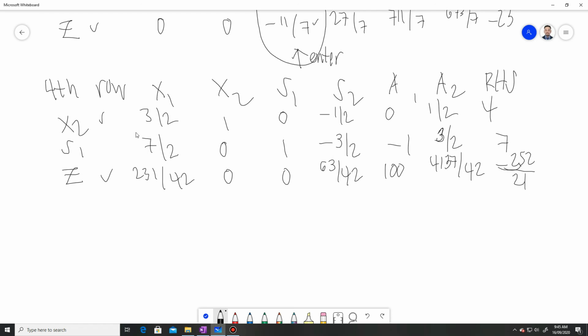Okay, now again we will check the z row if it is optimal. Like what I've said, if these are all positive except for the right hand side, this is optimal. Since all are positive, we can say that we have reached the last table. So our z min here is negative 252 divided by 21.